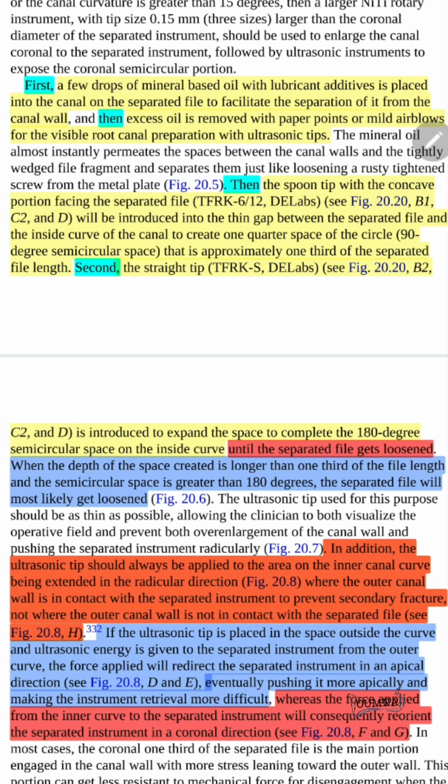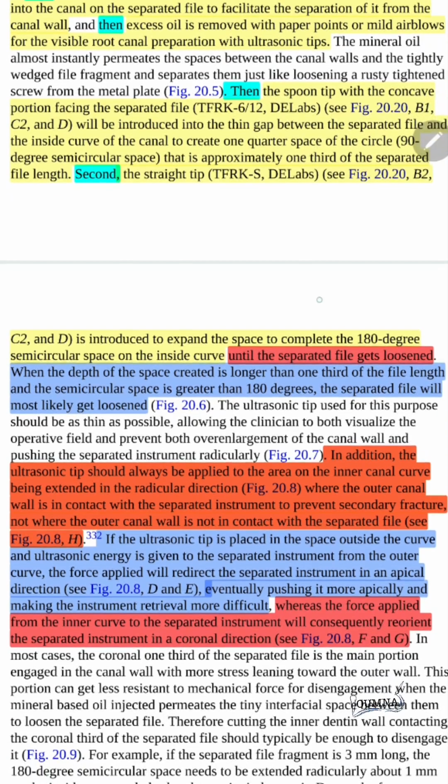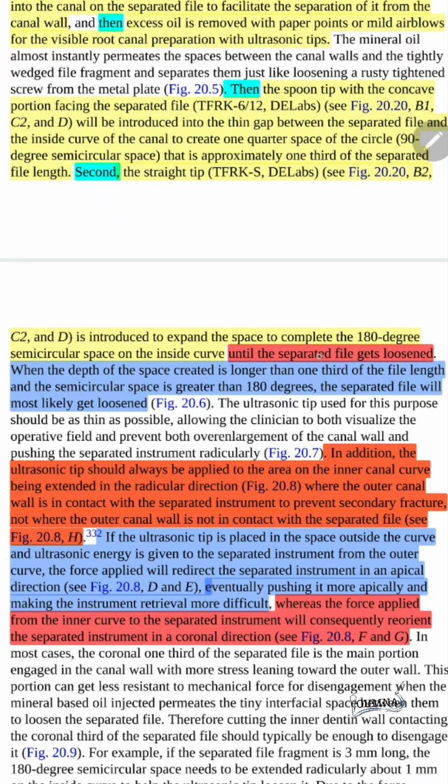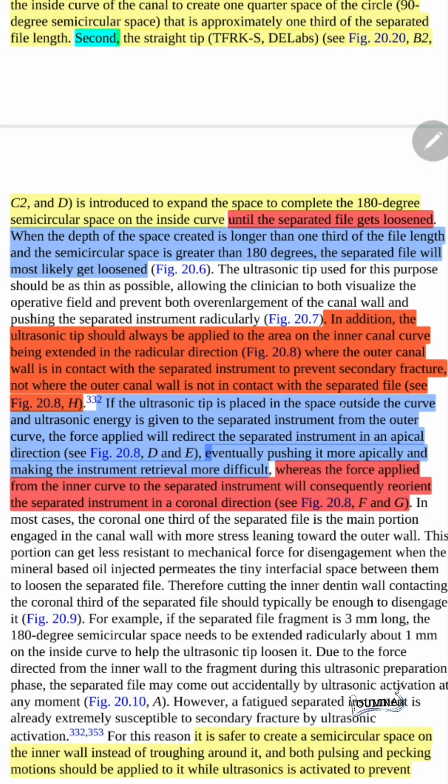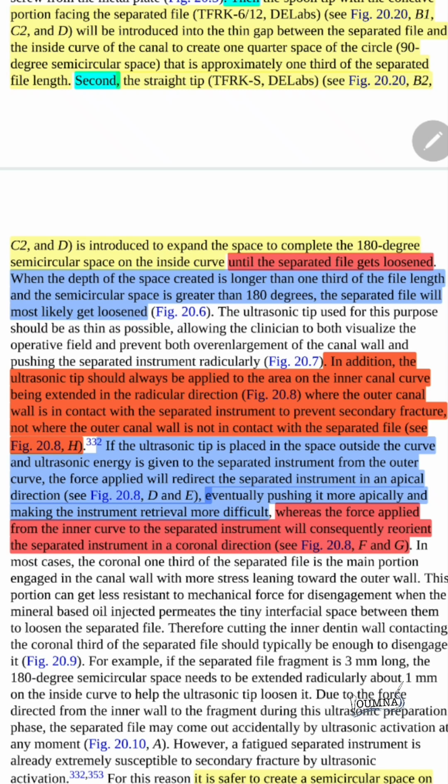Then we insert the straight tip to expand the space to complete the 180-degree semicircular space on the inside curve. So we are creating space around the file. We do not exceed more than 1/4 of the file length. We are only increasing the width around the circumference of it.